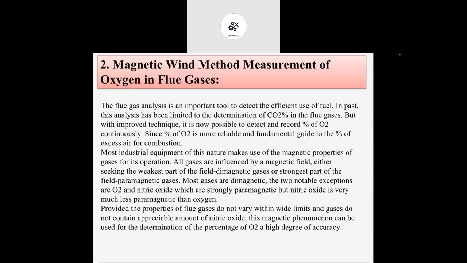Most of the gases included inside the flue gases are diamagnetic. Diamagnetic means it will repel when we apply a magnetic field around them. Particularly oxygen and nitric oxide, or the oxides based on nitrogen, are not diamagnetic; they are paramagnetic. First, understand the difference.